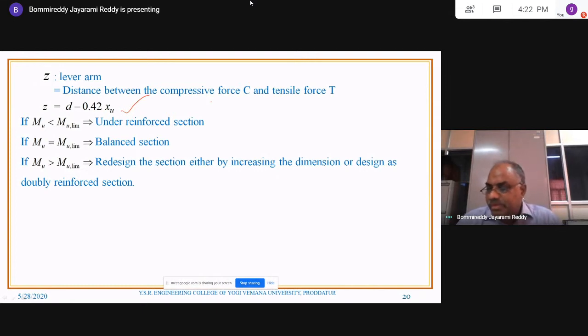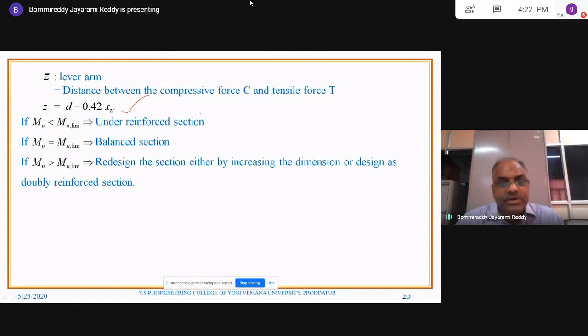Now, like working stress method, here also the different types of sections are there. Under reinforced section, balanced section, and also over reinforced section. And whatever the concepts that we studied there are valid here, the same concept, same thing. For example, under reinforced section means reinforcement is low and stress in steel reaches early, so steel fails.